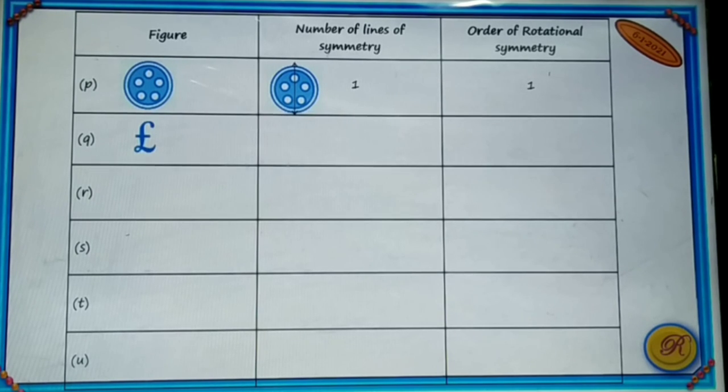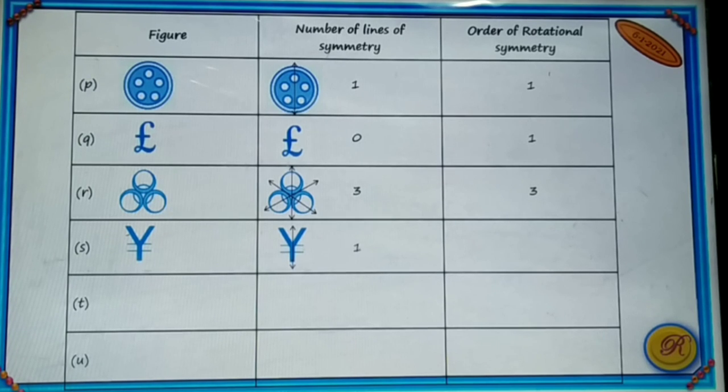For figure Q, number of lines of symmetry 0. Order of rotational symmetry 1. For figure R, number of lines of symmetry 3. Order of rotational symmetry 3. For figure S, number of lines of symmetry 1. Order of rotational symmetry 1.